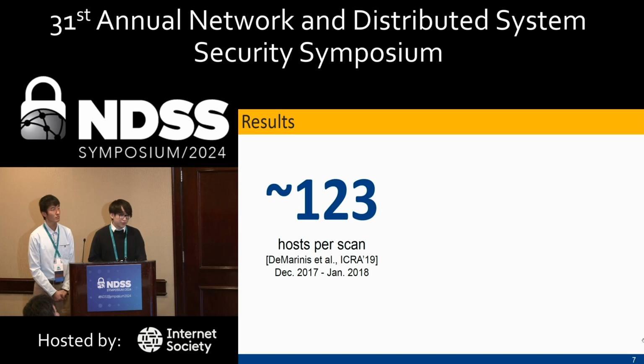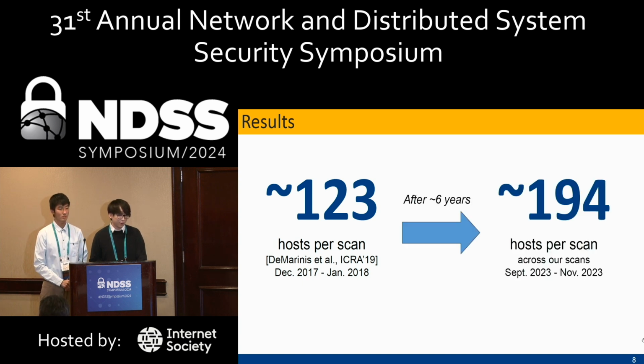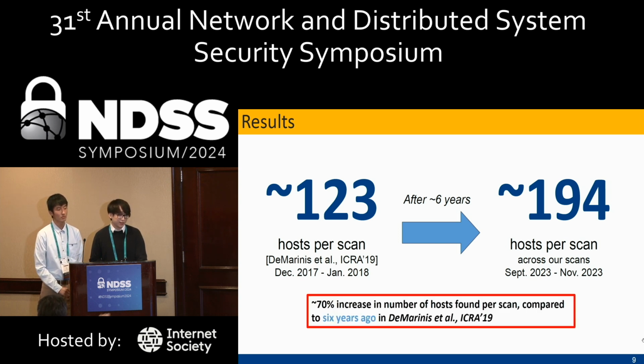So for our overall results, compared to the previous scans, which were performed around 6 years ago now, where they found an average of 123 hosts per scan across their 3 scans, we found 194 hosts per scan on average across our 3 scans, which is approximately a 70% increase compared to that previous work.